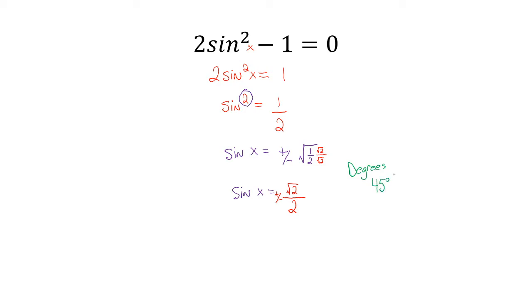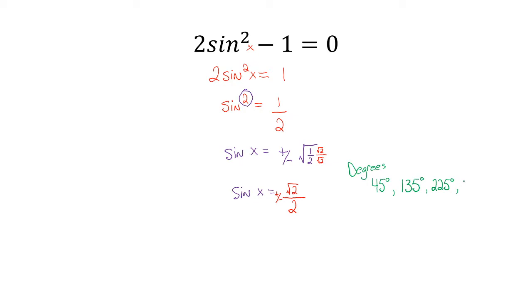we've got 45 degrees. I find positive square root 2 over 2. Looking down the sine column, I also find positive square root 2 over 2 in 135. But then if we keep going down that sine column, I end up finding negative square root 2 over 2 at 225 degrees.